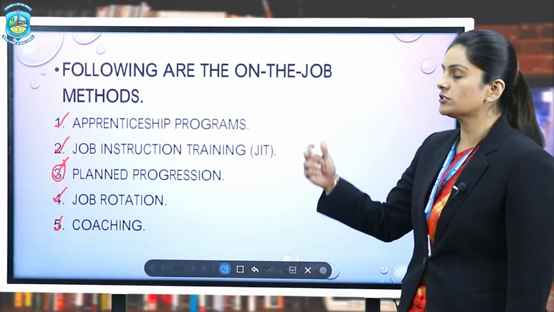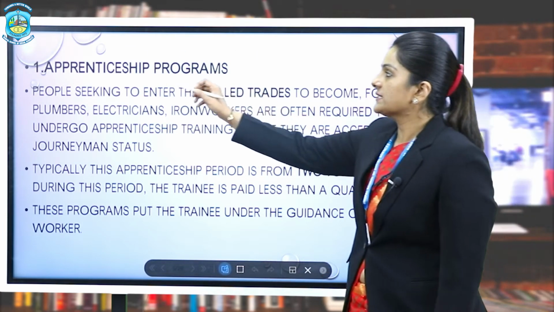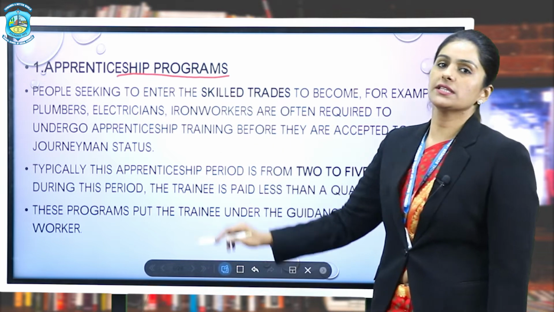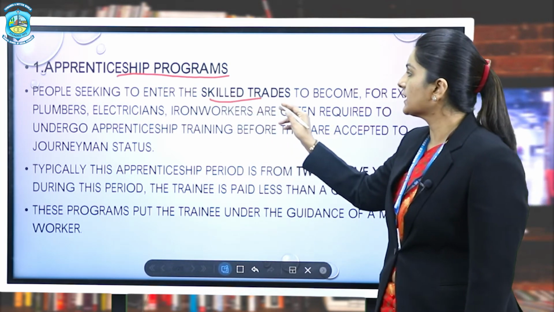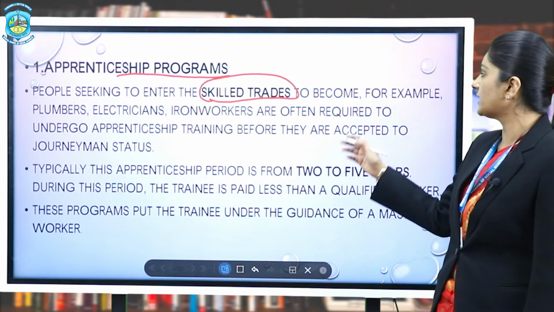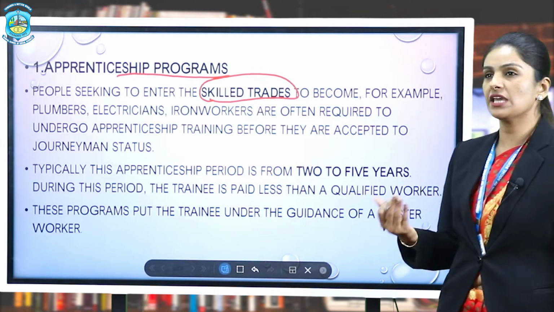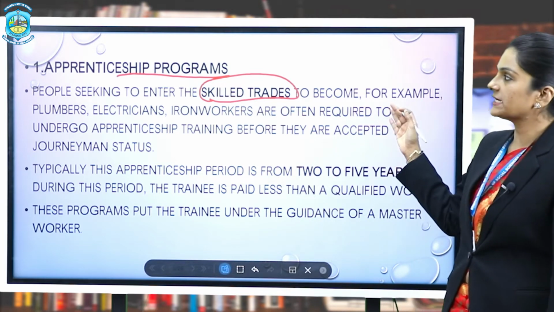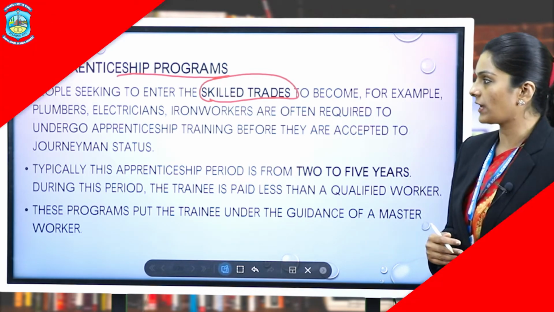Let's begin with the first one, that is the apprenticeship programs. This is basically given to those people who enter the skill trades, such as plumbers, electricians, or iron workers. They are given these kinds of training programs.